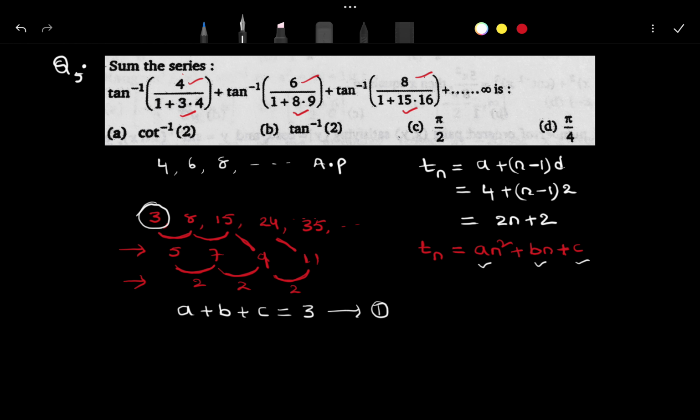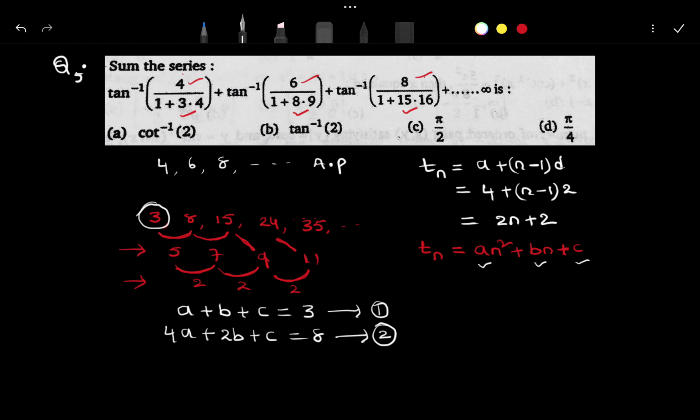Next, n is equal to 2. If you write it, that is T2. T2 means a into 4 plus 2 into b plus c, so 4a plus 2b plus c is equal to 8. Take this as equation 2. And next, n is equal to 3.